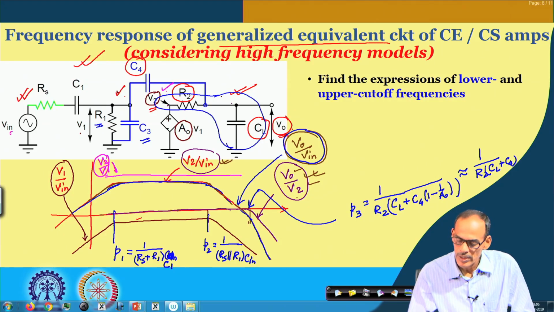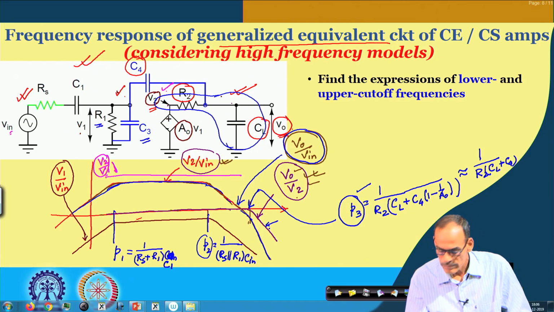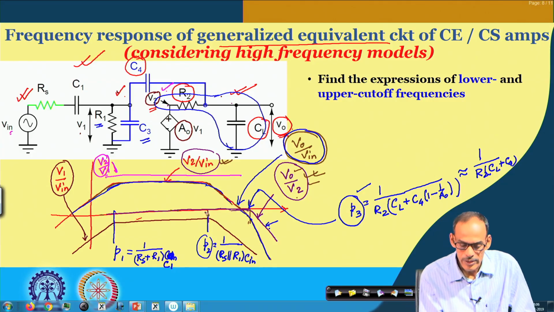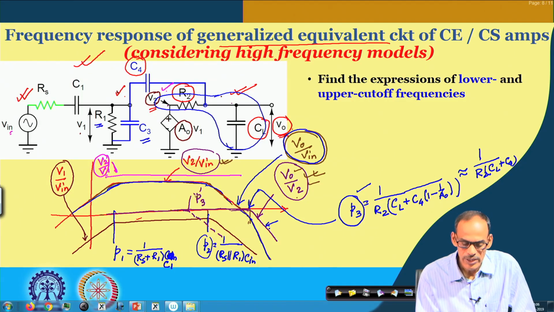Say for example, in case the third pole is appearing before the second pole, which means that if this violet color, instead of having a pole here, has a pole somewhere here, then obviously, say this is the possible situation, maybe P 3 dash.